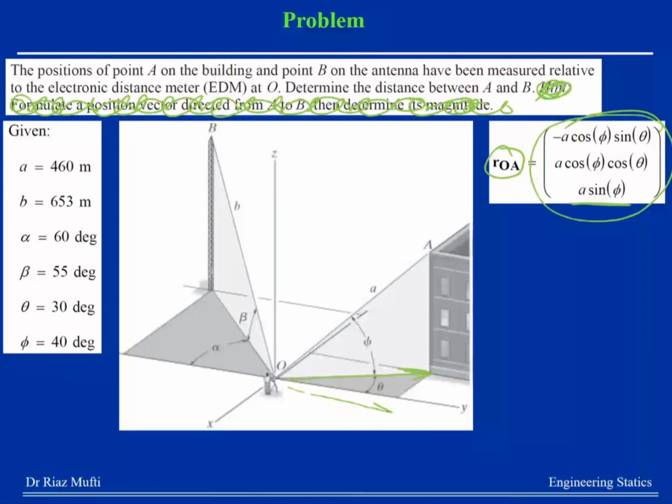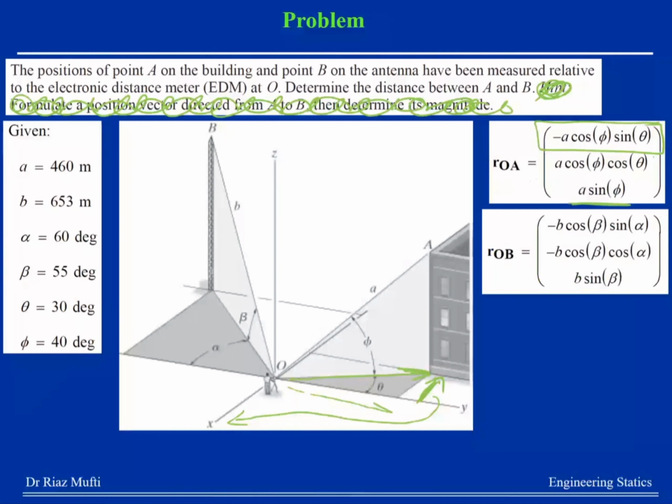And the X component is in the opposite direction, so therefore my X component is negative. So that's ROA. In a very similar way, you do ROB. Once you got your OA and OB, that's basically what you found, this vector and this vector.